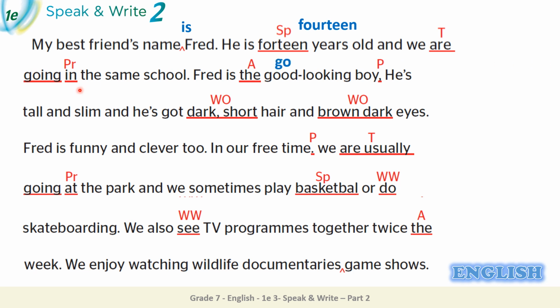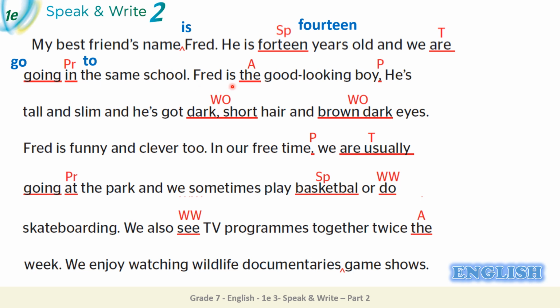The correct answer is "go to". This is a frequent action that happens almost every day. That's why we use the simple present tense, go, instead of the present continuous, are going. And go is followed by the preposition to, not in. That's perfect.